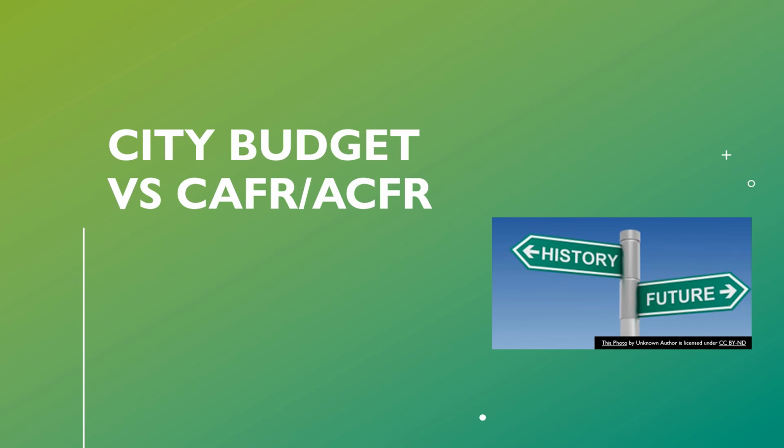The difference from the CAFR is that it covers the previous fiscal year, and it's showing you how the money was actually spent. Most of the time, the CAFR is done by someone outside the department, and that way is to prevent any false reporting and to see how the taxes of the citizens are actually being spent.